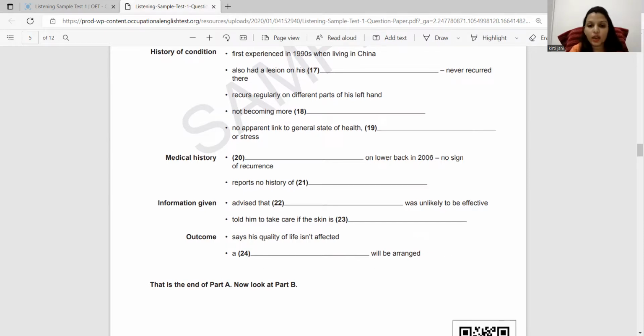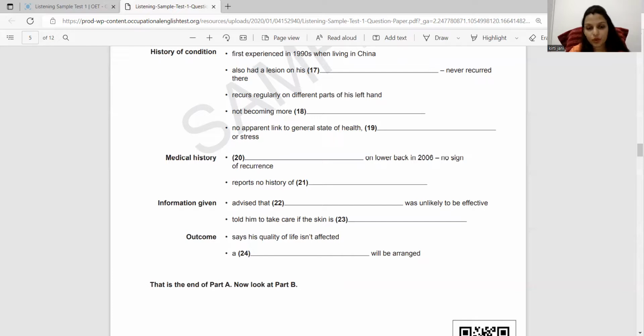Now, one more thing I would like to say here is that there is an article before the blank. So your answer must start with a consonant sound, something apart from A, E, I, O, U. All right. So this little tip can also help you to predict the right answer.